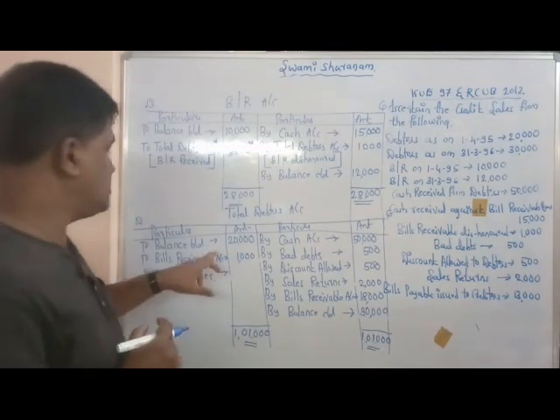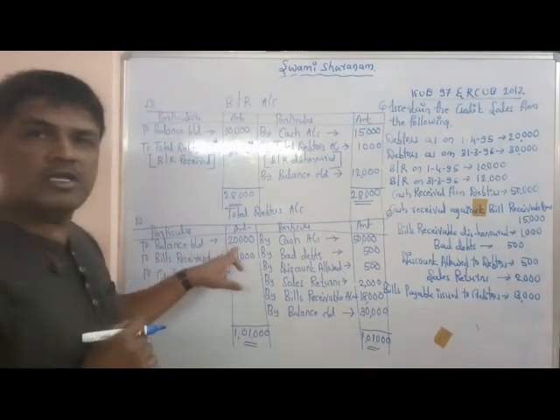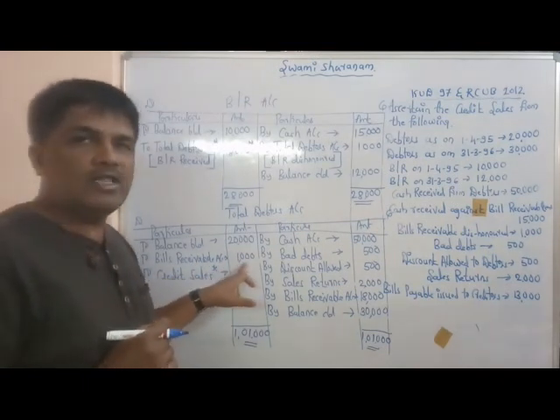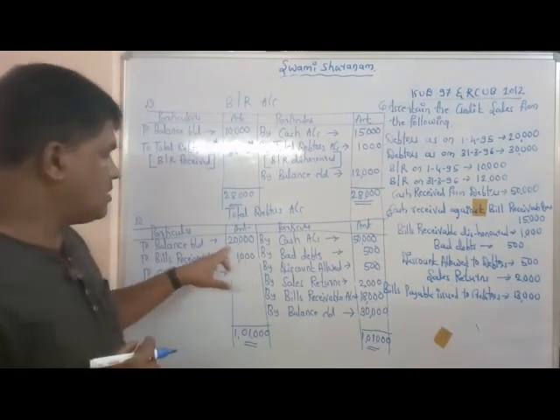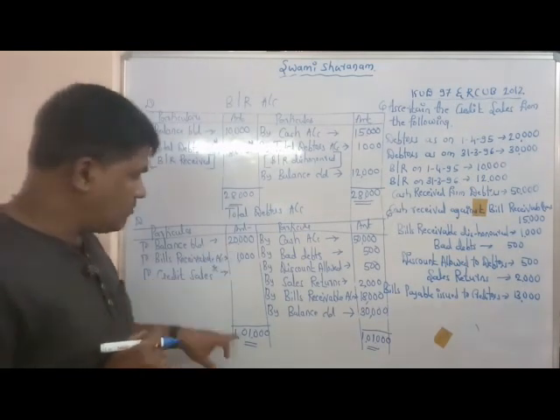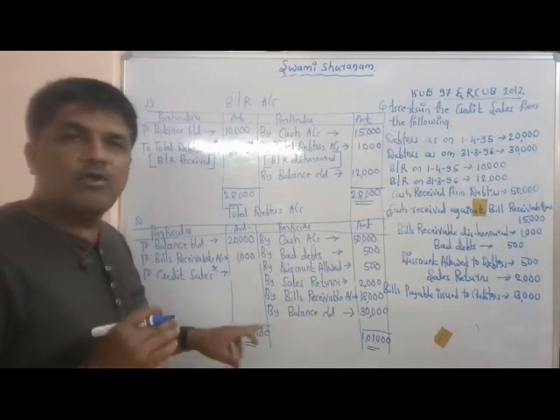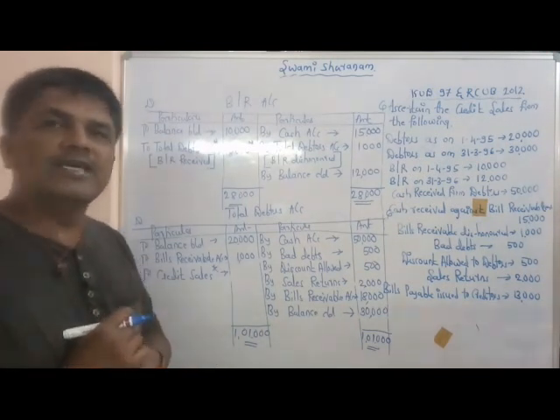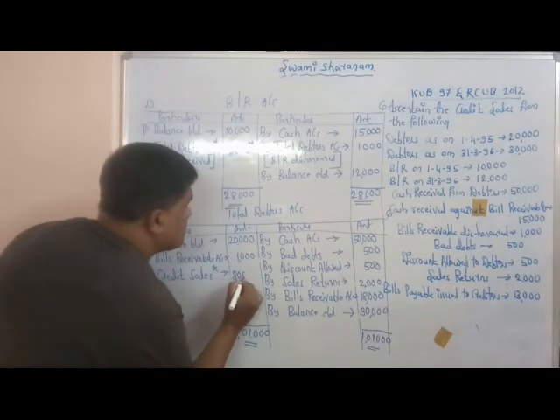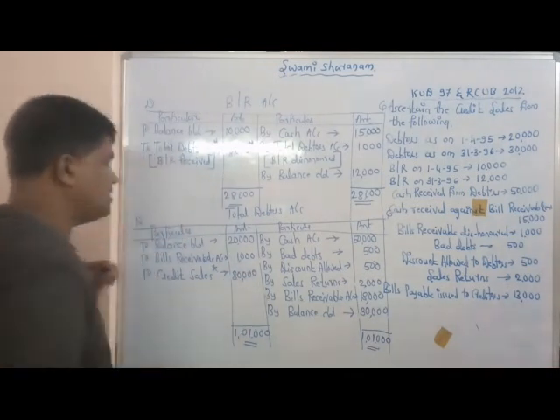Then how much is the debit side? First, the opening balance of 20,000. The other one, bills receivable dishonored, is 1,000. So the total debit side comes to 21,000. Then you deduct 21,000 from rupees 1,01,000. Whatever balance comes is the credit sales. The balance is 80,000.